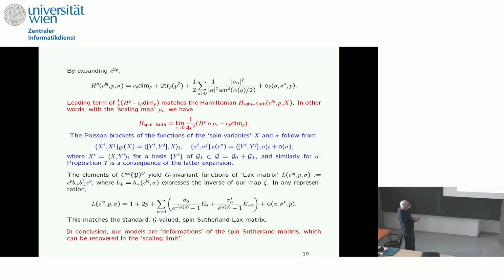This can also be formulated such that this nonlinear Hamiltonian, coming from the character, with the same diffeomorphism mu epsilon, recovers the spin-Sutherland Hamiltonian in this linearization limit. Also the Lax matrix L becomes the Sutherland Lax matrix. So these models, which I call spin-Ruijsenaar models, are in some sense deformations of spin-Sutherland models.